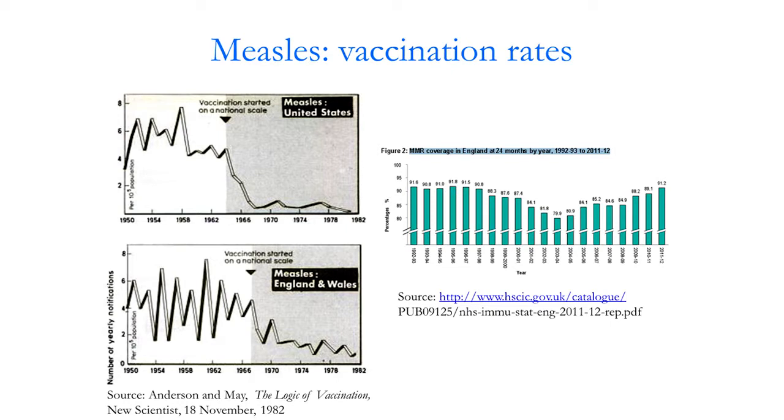It never goes above 92%. Do you remember the figure I mentioned before was 93% if you vaccinated at birth, 95% if you vaccinate up to the age of 2. And here, in 2003-04, it drops to below 80%.